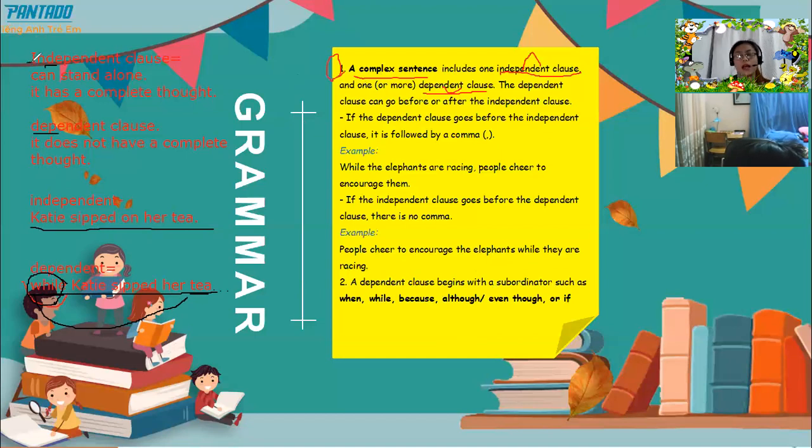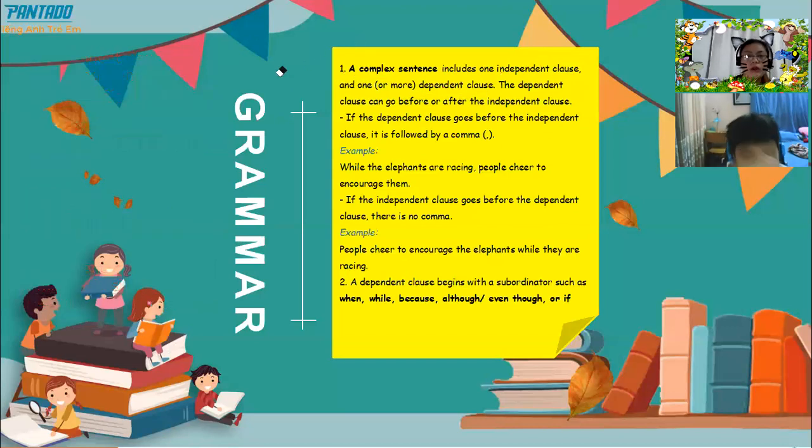Yes. Okay, so again, independent clause has a complete thought, while dependent is not complete. So they are opposite. All right, so let's continue our discussion here. Now, it says here again that a complex sentence has one independent clause and one, two, three, four, five, or more dependent clauses.